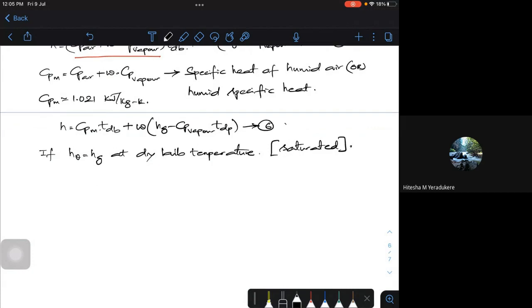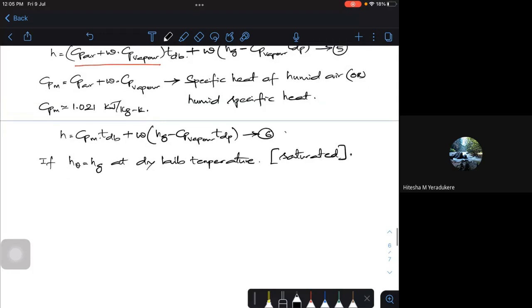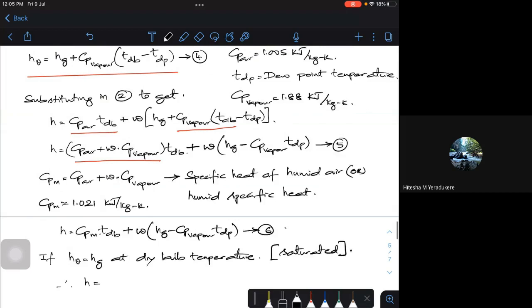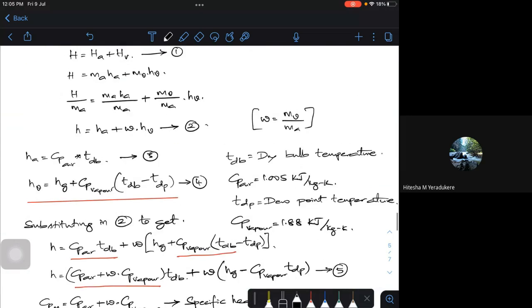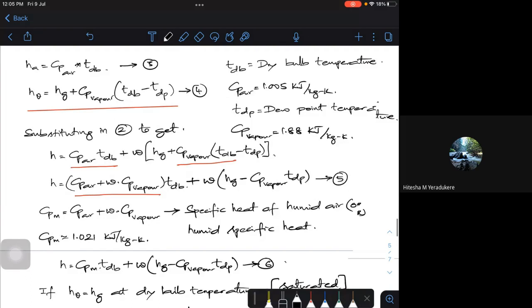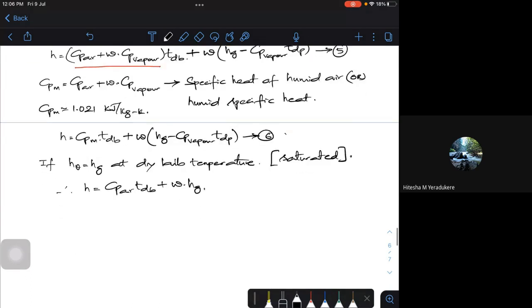Under this condition, your H will simply be Cp of air into dry bulb temperature plus omega into simply Hg. Omega into Hv, where Hv is equal to Hg, that's all. So I will end up with this equation. This is for simply dry saturated conditions.